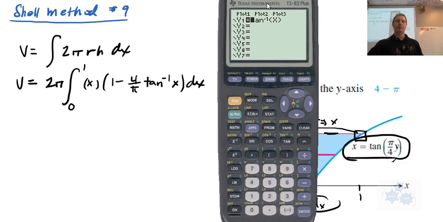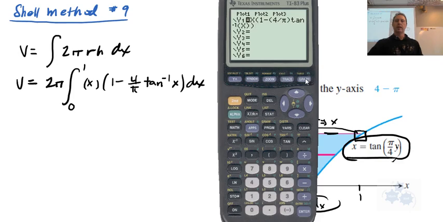Do we need to expand this? I guess we could, but we could also just type this whole thing in the way it stands. So let's do y equals x times 1 minus 4 over pi times the second function of tan of x, so 2 brackets there.